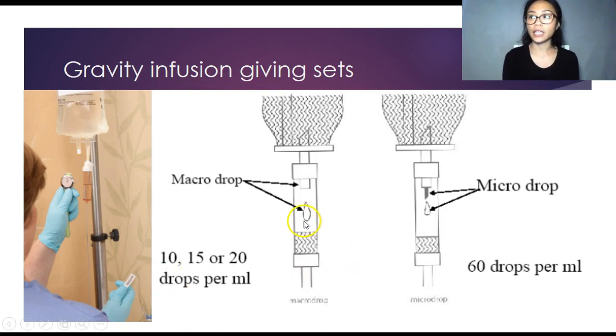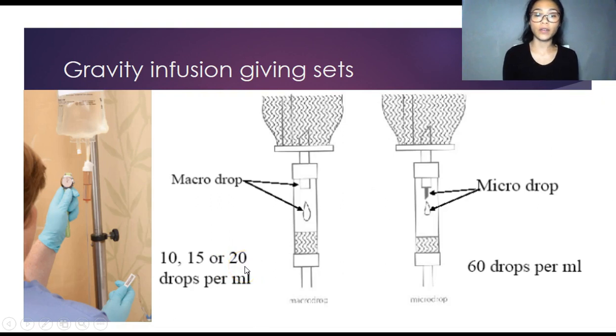To the right of this slide, I want to show you the difference between a macro set and a micro set, especially with regards to the calculation and the formula that you'll be using for these two gravity sets. Now, a macro giving set has a drop rate of 20 drops per mil. Some giving sets, in very rare cases, will give 10 or 15 drops per mil, but otherwise the most common drop factor for macro sets is 20 drops per mil.